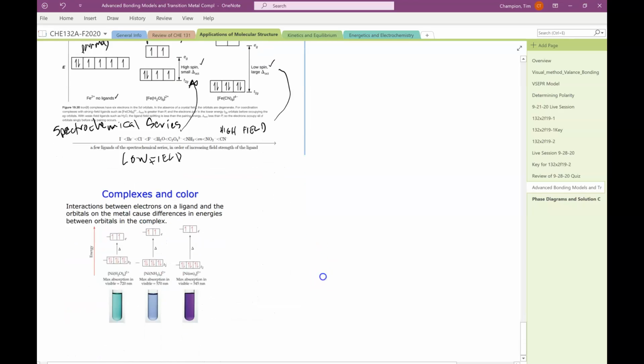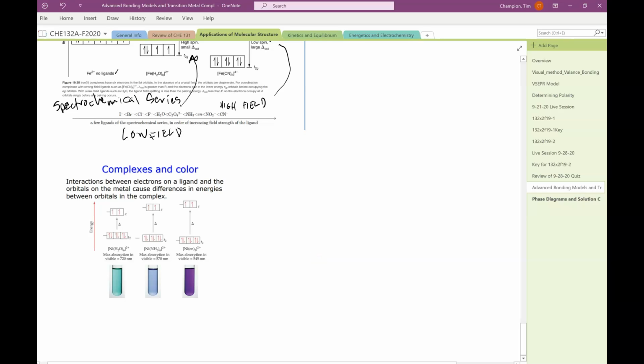If you look at a couple of examples here, we have 3 complexes of nickel 2+. The complex with water gives us a smaller splitting and a greenish color.